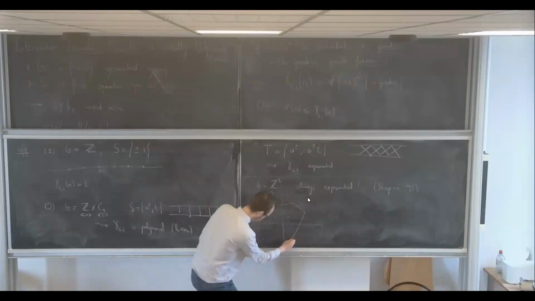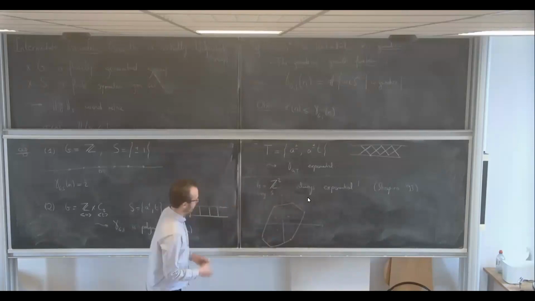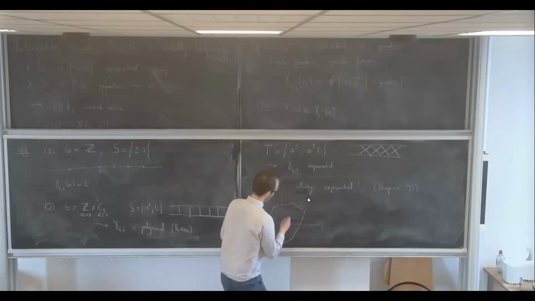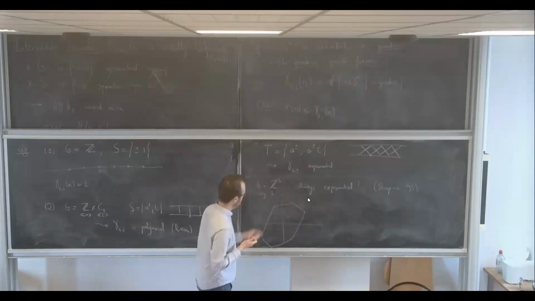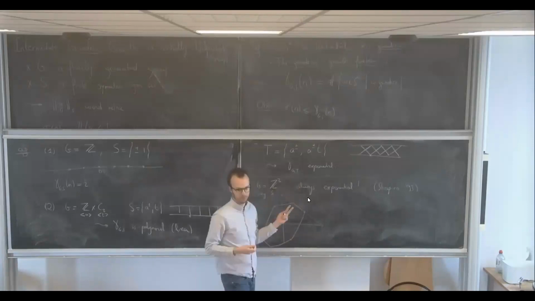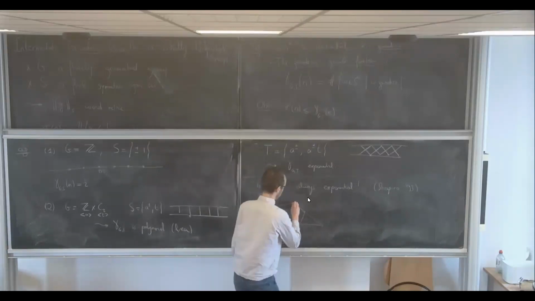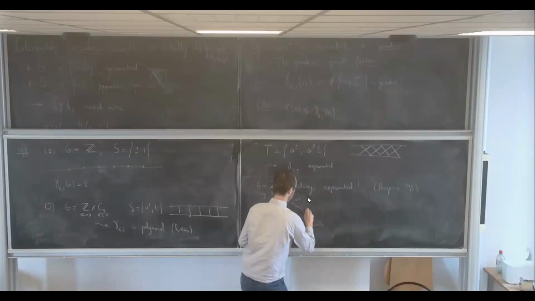And I take any facet of the convex hull, so for instance this one. In particular, on this facet, I have at least 2 points from the generating set. It's the 2 vertices. So I have here A, which belongs to the generating set S, and B also to S.